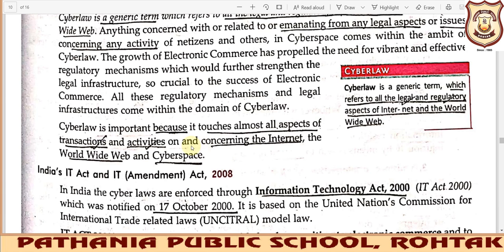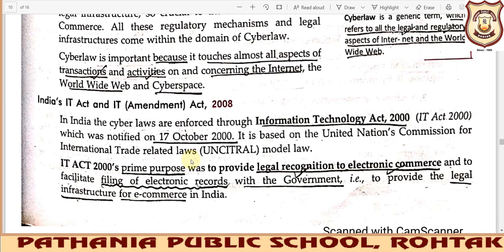Cyber law is very important because it touches all aspects of transactions and activities on and concerning the internet, the world wide web and cyberspace. Cyber laws were implemented in India by means of the ITA, which stands for Information Technology Act. They were implemented in October 2000.